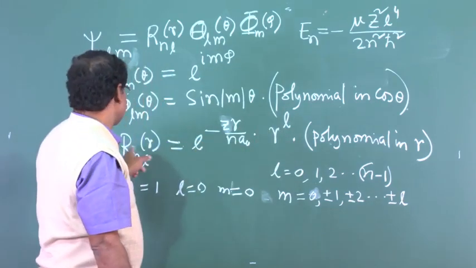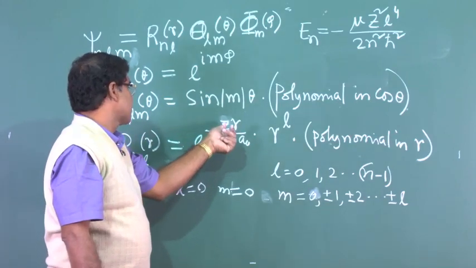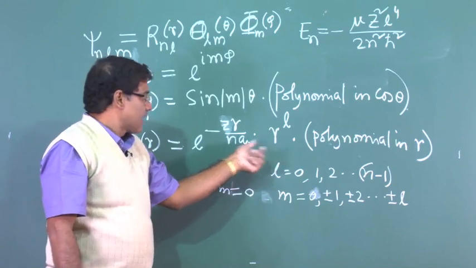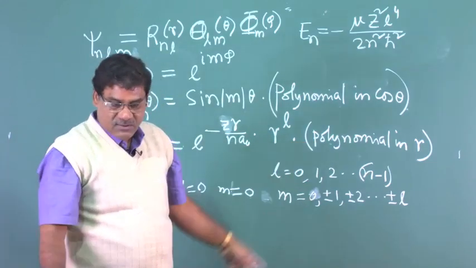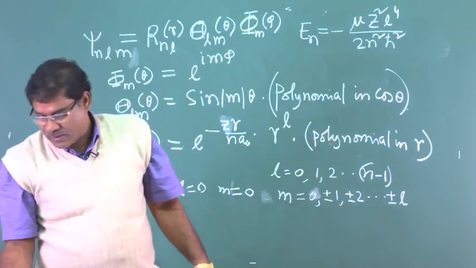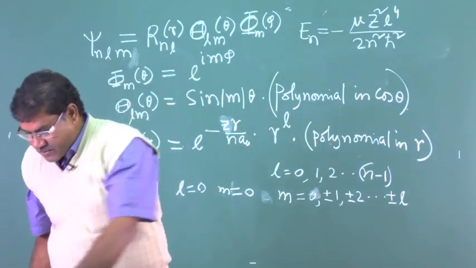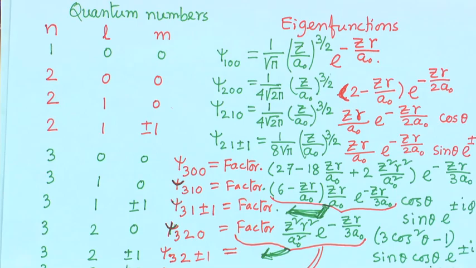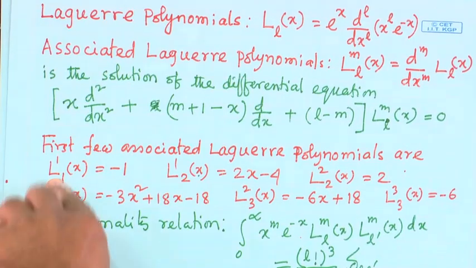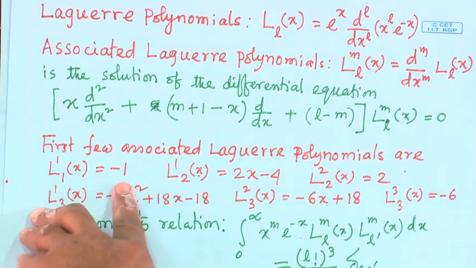So basically this e to the power minus Z r by n a0. And from these polynomials, one has to see it comes 1 basically. If you see this table, it also comes 1. This is the Legendre polynomial, L 1 1, so this is 1 or minus 1.